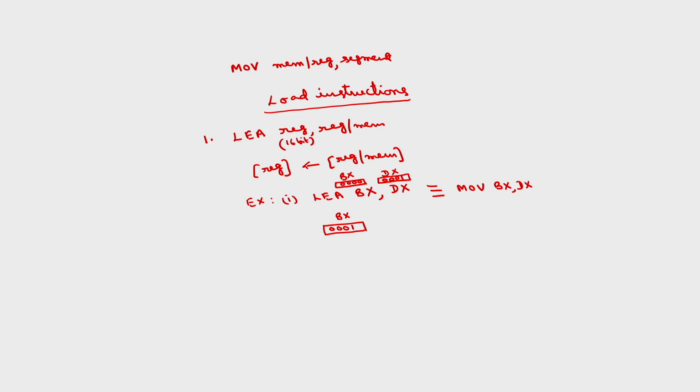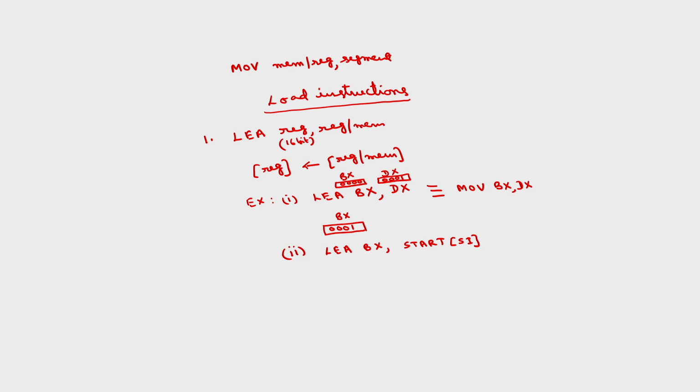The difference here is, if you have the memory location to register, then there is some difference. If we take the second example, load effective address BX comma, if I give start SI.